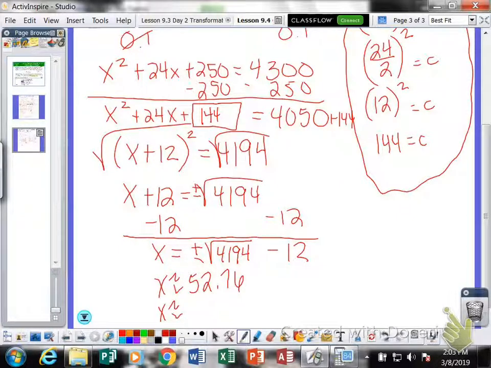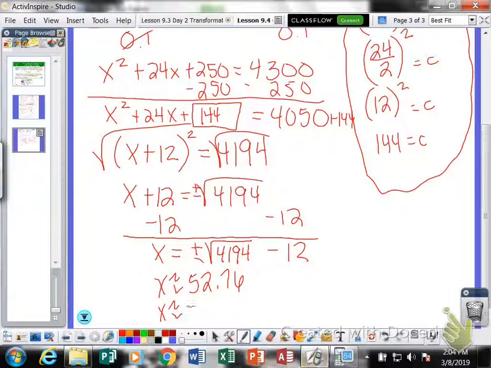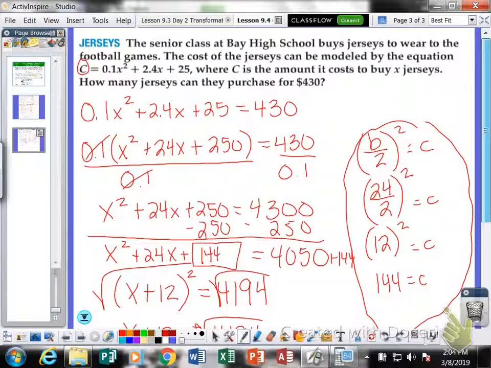Now let's do the minus square root: negative square root of 4,194, make sure you're out of the square root, minus 12, and then you get approximately negative 76.76.